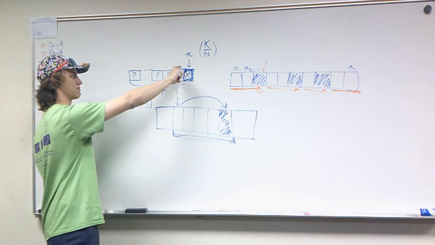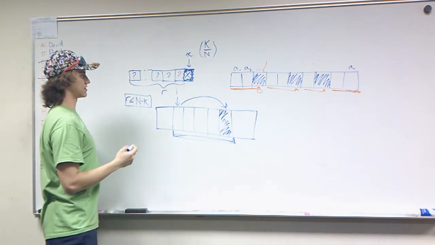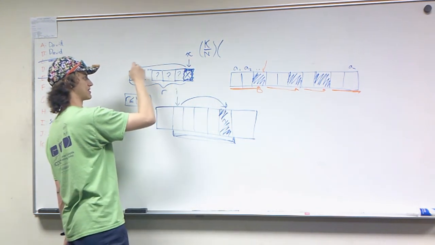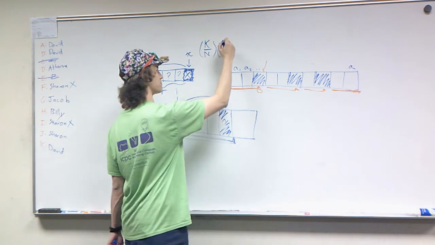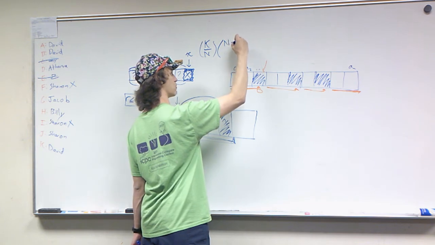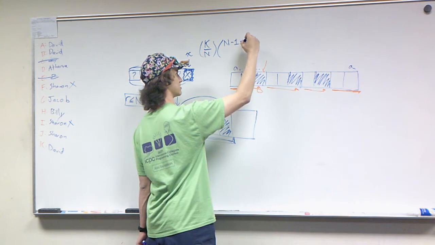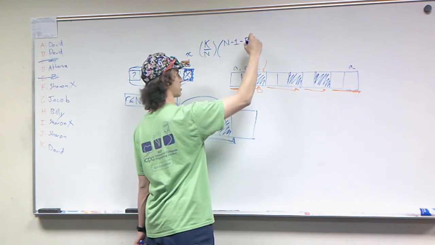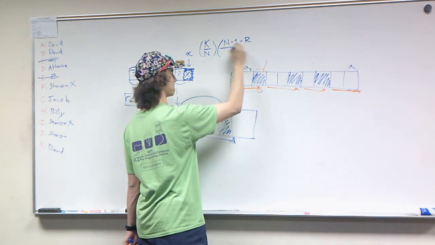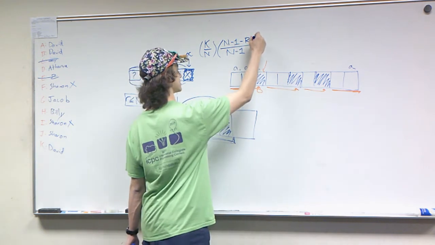But the probability of not selecting all of these every time is equal to the probability of selecting any box that's outside of this range. So we have n minus 1, because we've already selected 1, minus these r boxes that we've selected, over n minus 1. And we take this out.